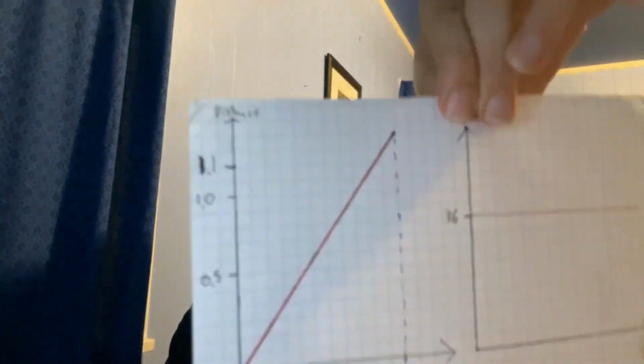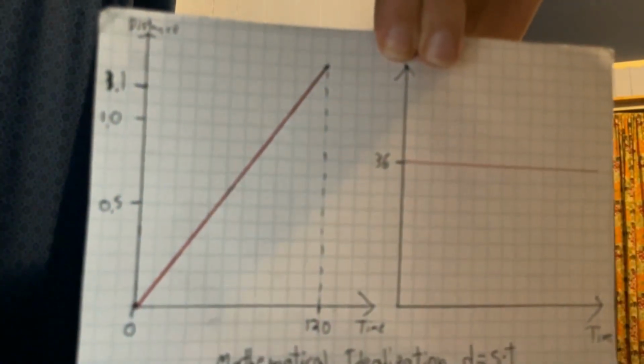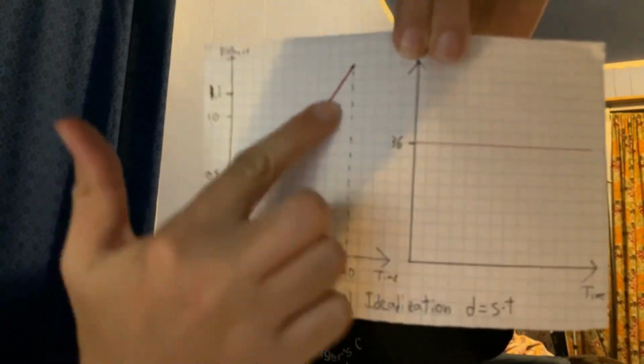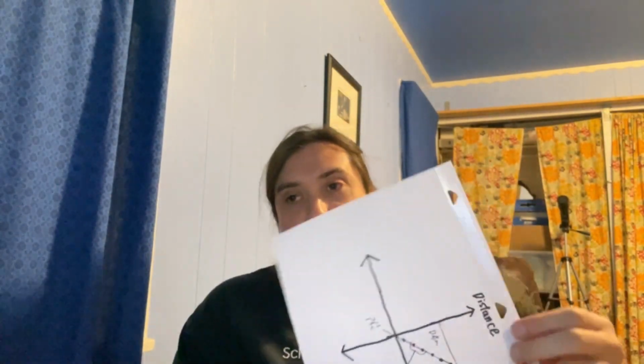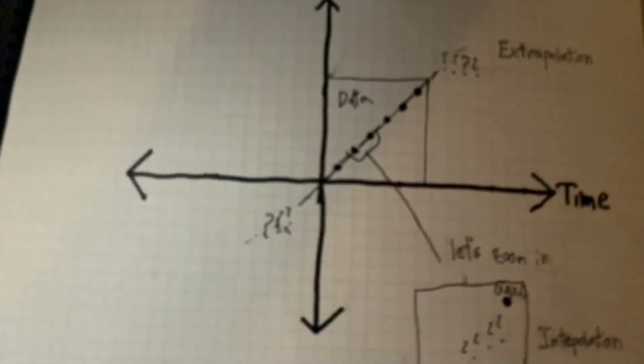But then we can idealize it like this, where it's just a straight line in distance versus time and a straight horizontal line in speed versus time. But remember, I said we want to be able to both interpolate and extrapolate what will happen in time. If all we want to do is interpolate, there's kind of no drama.